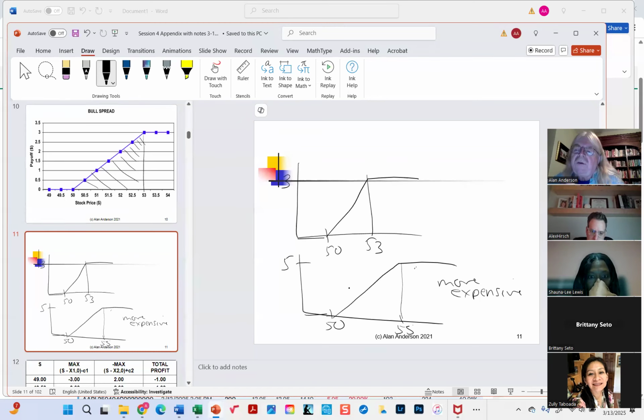If I really don't think there's any chance of the stock price going above 53, I might as well buy this one and pay $3. But if I think there's a real chance the price could go up to 55, then I'd probably be better off with this one. So it depends on what I expect to happen with the stock price in the future. It's just a direct trade-off between the price and the potential earnings. Now, of course, I could be wrong.